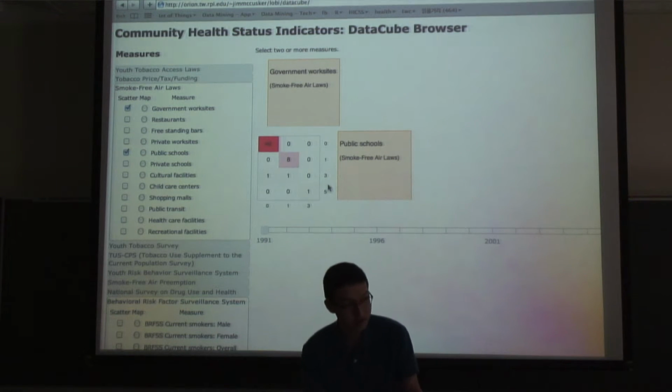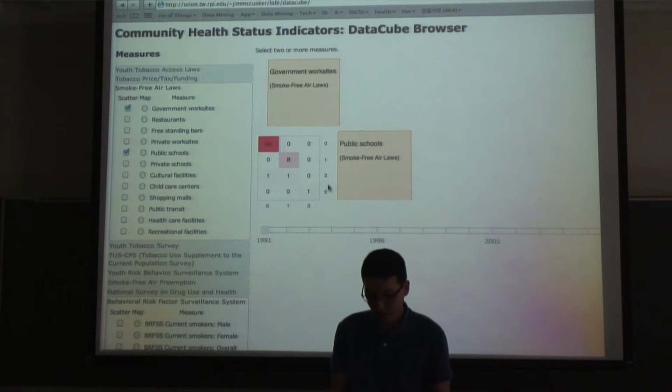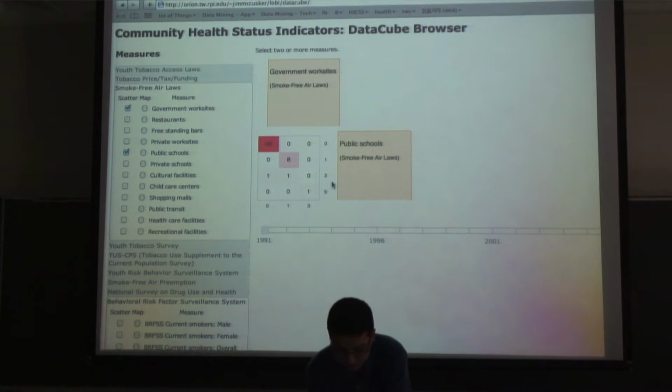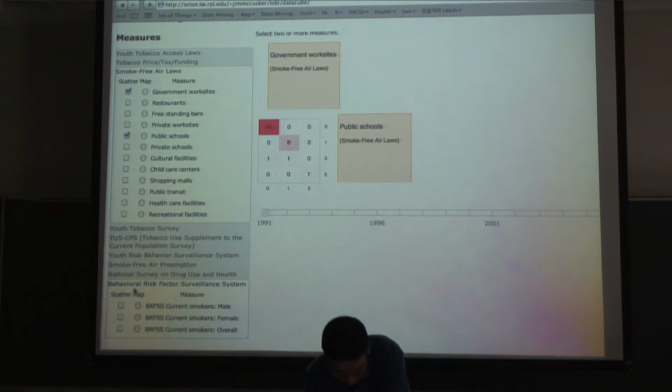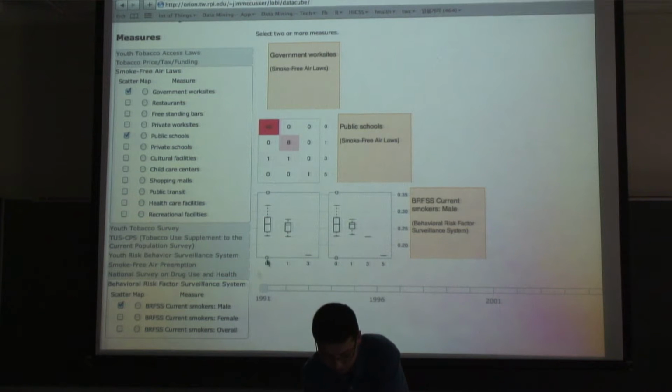Zero means there is no law banning smoking in public areas, and five means there are strict measures. Down here is the behavioral data set, so I can click the current smokers, male.